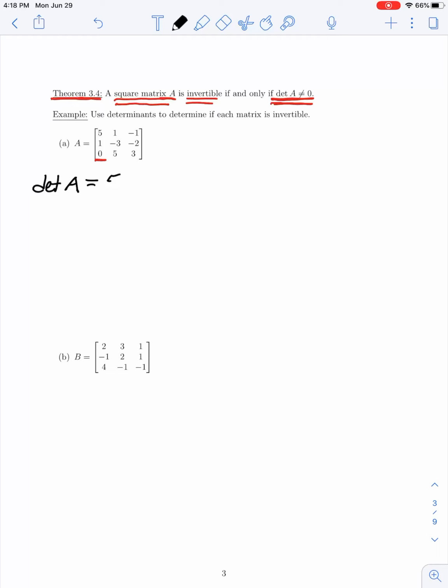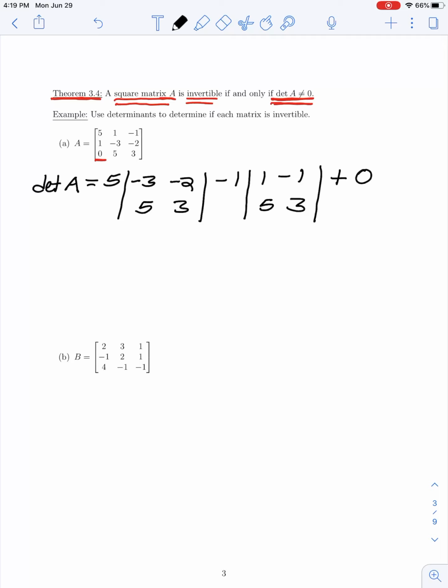So we would have a positive 5 times the determinant of the matrix -3, -2, 5, 3. Then minus 1 times the determinant of the matrix 1, -1, 5, 3. And then plus, well, the last entry in that first column is 0, so I don't care what the cofactor is for that term.